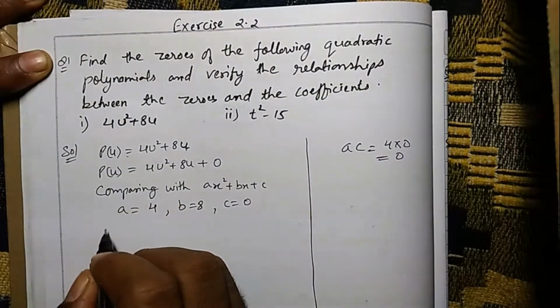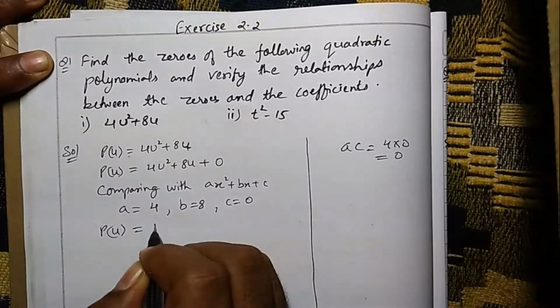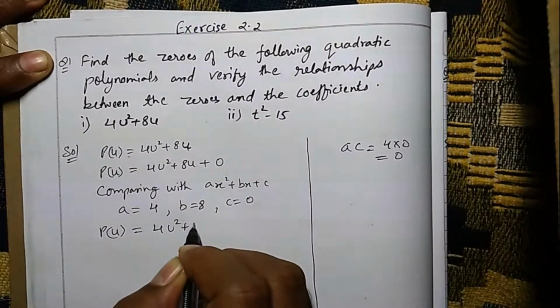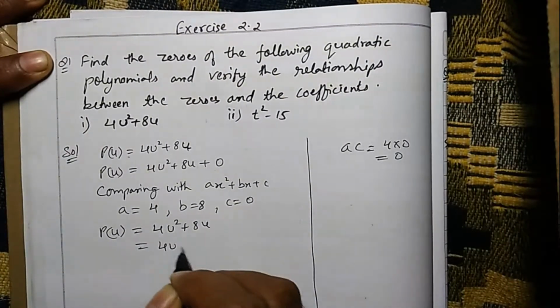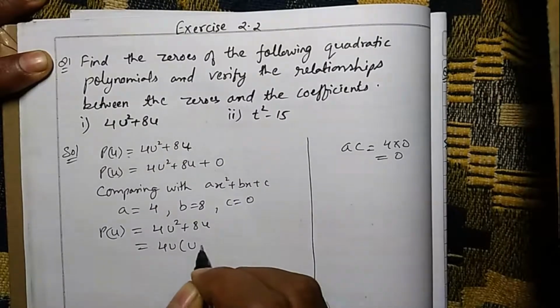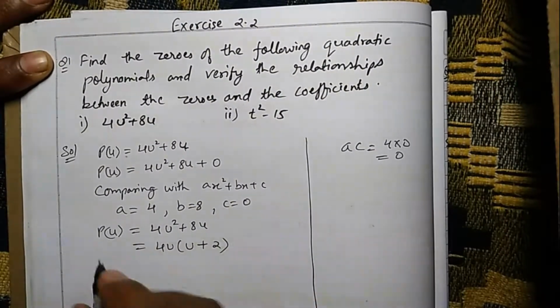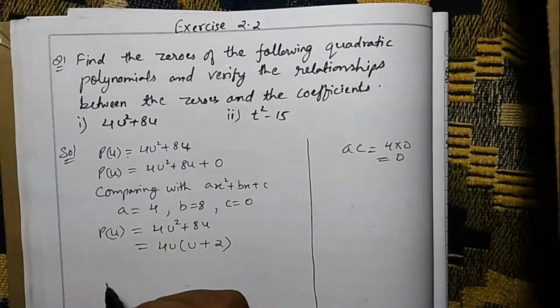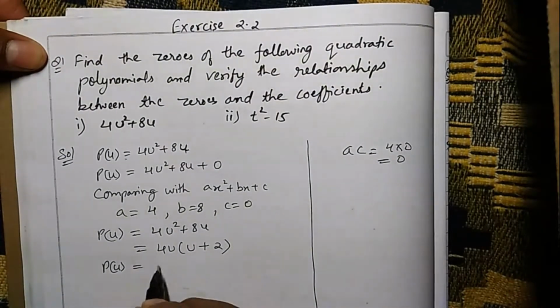So start factorizing the pu. Pu will become 4u square plus 8u, which is equal to 4u as common, and you will get u plus 2 in the bracket. So to find the zeros, you have to take pu equal to 0.